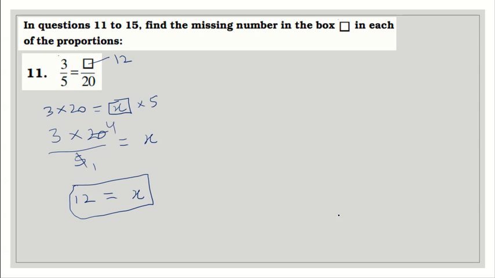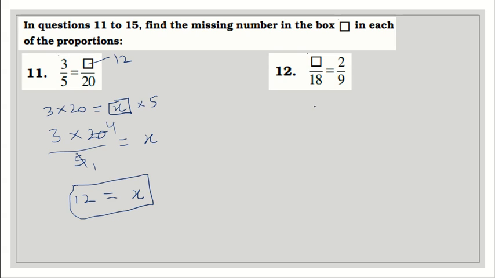Let us solve some more questions on it. Here question numbers 11 to 15 are of this type. Now I am giving question number 12: box upon 18 equals 2/9.